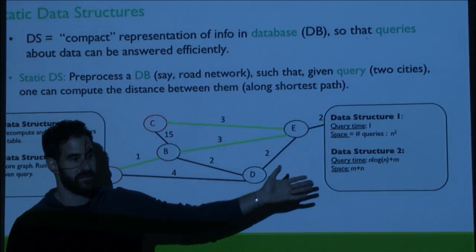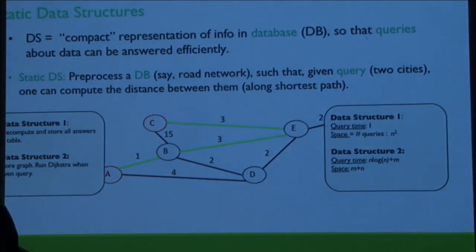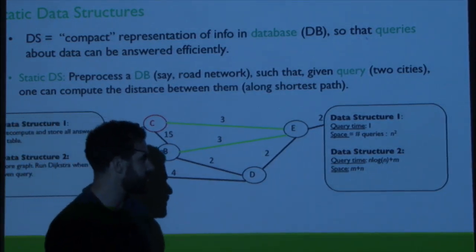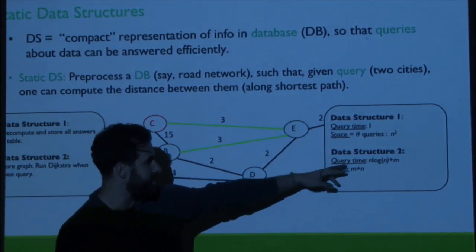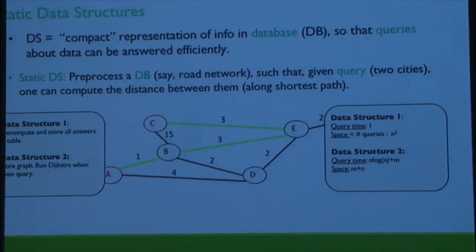It's the best. You're just storing the database. You must store the information theoretic minimum regardless of the query time, or else anything is hopeless, even with infinite query time. But the query time is slow. It's potentially linear. And of course, the question is, is there something in between? Can we have better trade-offs?